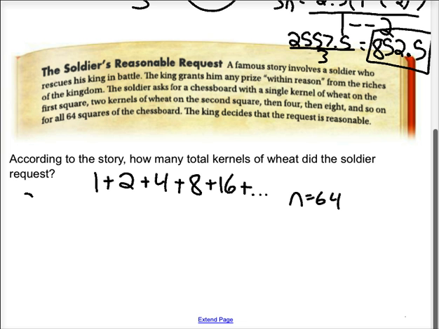Our first term? Well, we're starting with just 1. What's our rate? What are we multiplying by? Well, I think it's easy to see we are doubling it. We're multiplying by 2. And how many terms are in the sequence? Well, it says there's 64 squares on that chessboard. So we're going to have 64 terms.